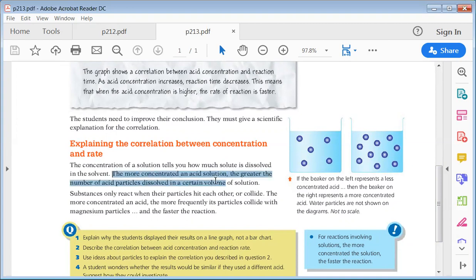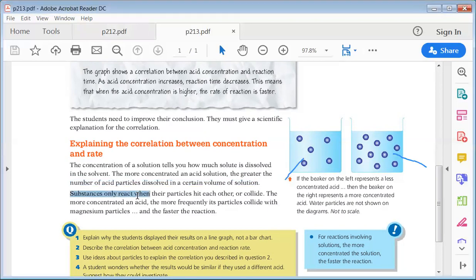So the more concentrated an acid solution, the greater the number of acid particles dissolved in a certain volume of solution. So here in this picture on the right, we have more molecules and here less molecules. So the reaction rate will increase with the more concentrated solution.